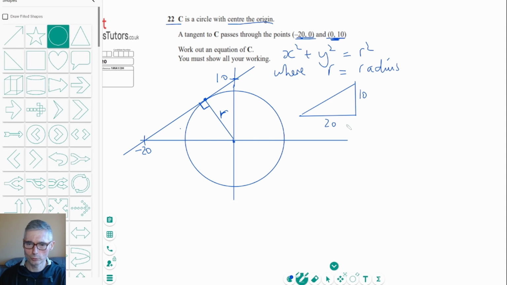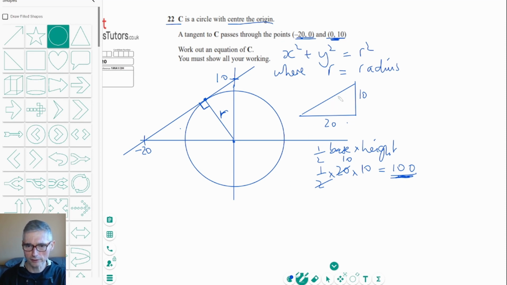The area of a triangle is half base times height, where height is the perpendicular height. So the area of this triangle is going to be half times 20 times 10, and we can cancel that, and that's equal to 100. So that's the area of this triangle.